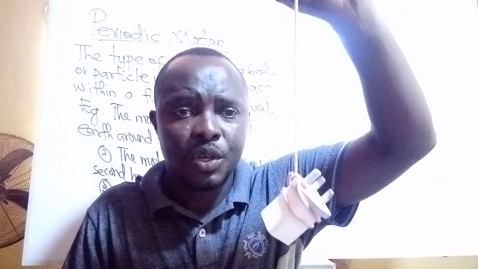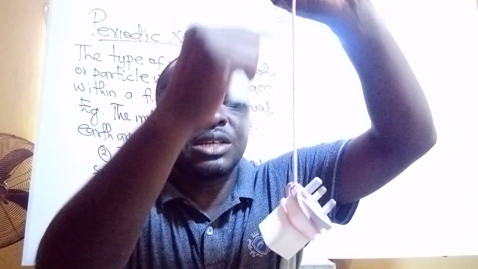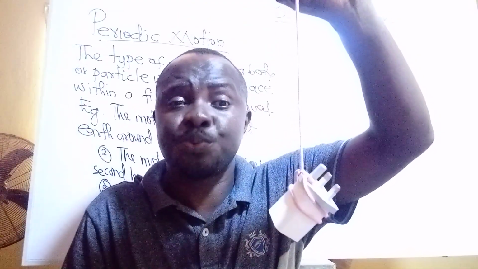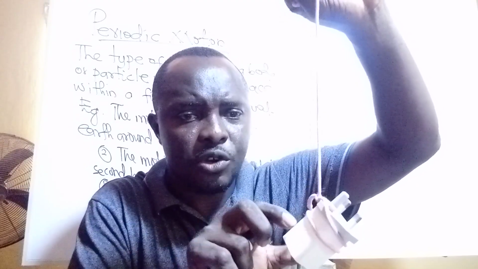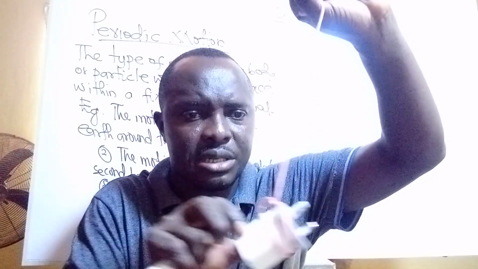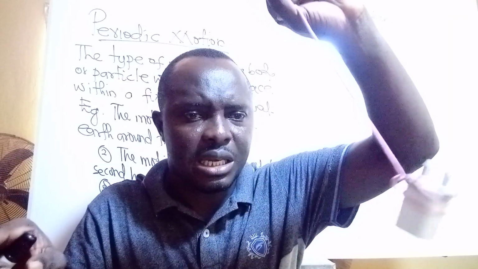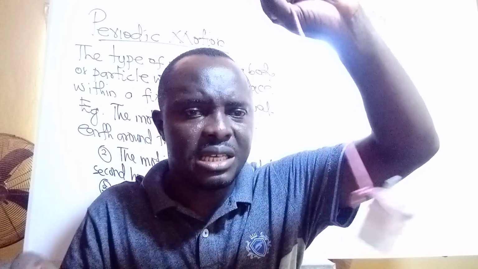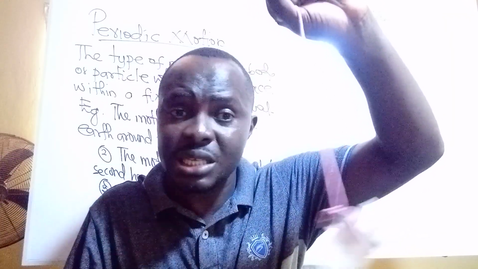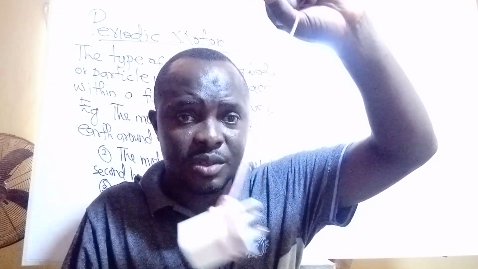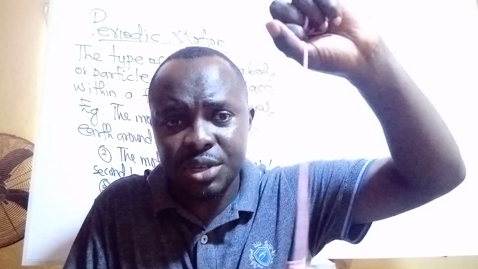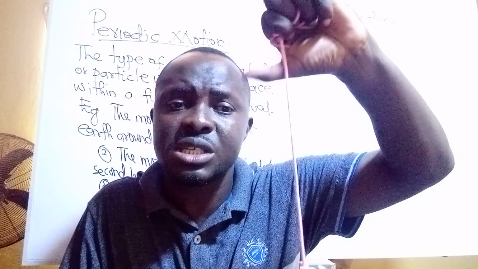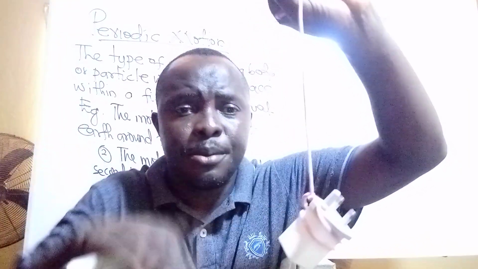Is that okay? So at the state of equilibrium, we have that fixed point or equilibrium point. Now when we apply force to the object in any direction, the object will accelerate in that direction, and here we say the object is oscillating. Sometimes we also use the word vibration, but the word vibration is used when the oscillation is so fast.